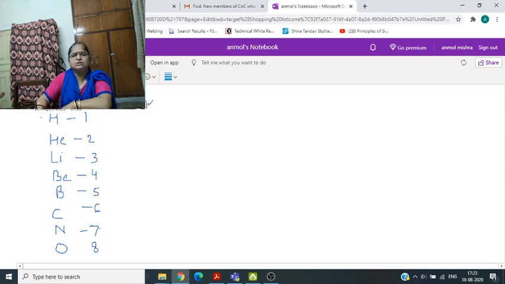Now shells K, L, M. Hydrogen only 1 electron, so electron will go in K. Helium 2, so 2. Now lithium, the first shell can acquire 2 electrons, so 2 electrons on this, and the remaining 1 electron will go into L shell. Now beryllium, 2 electrons in K shell and remaining 2 will go in.